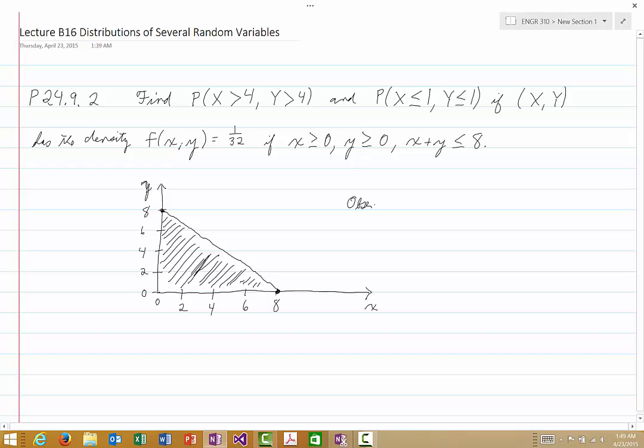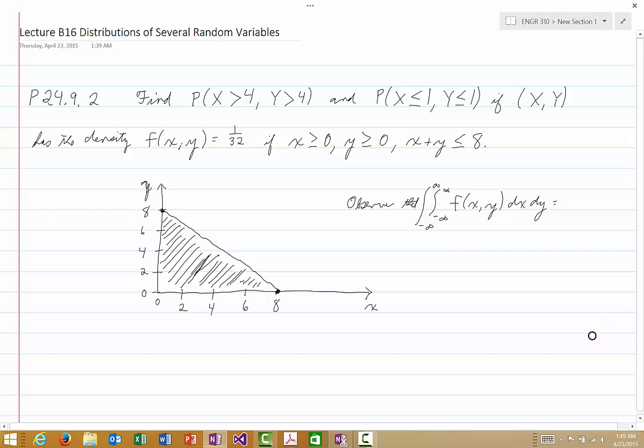Observe that the integral from negative infinity to infinity of little f of x, y, and actually this is a double integral now, well, remember that little f of x and y is equal to 1/32 inside this triangle, and it's equal to 0 everywhere else.